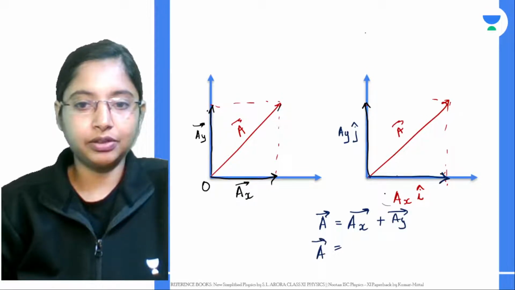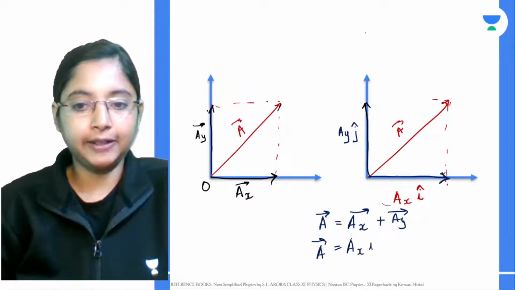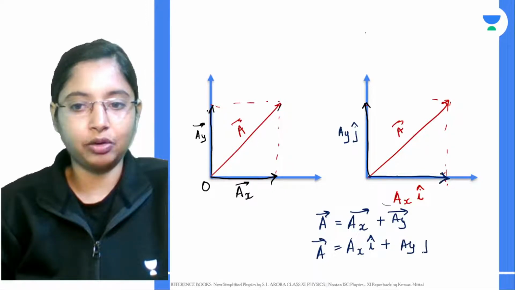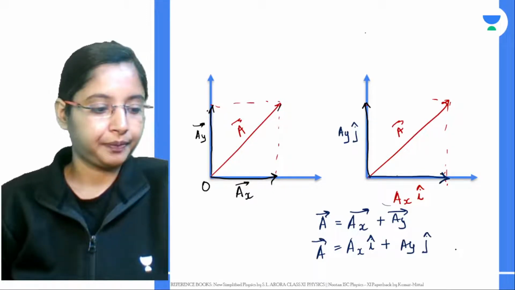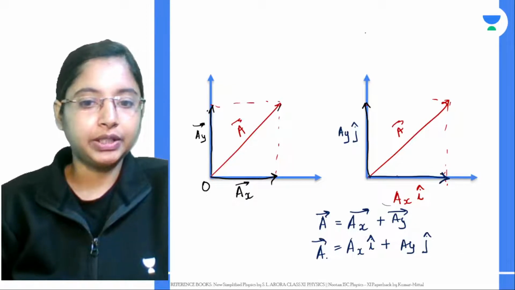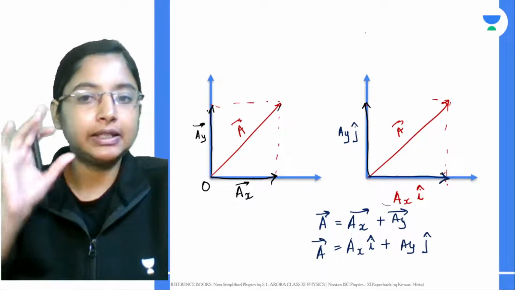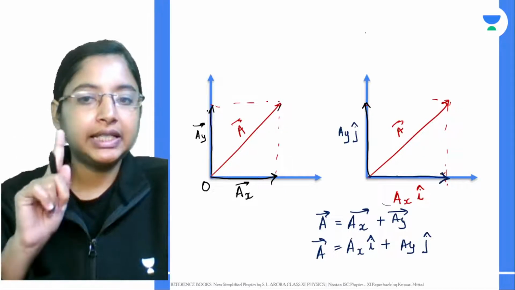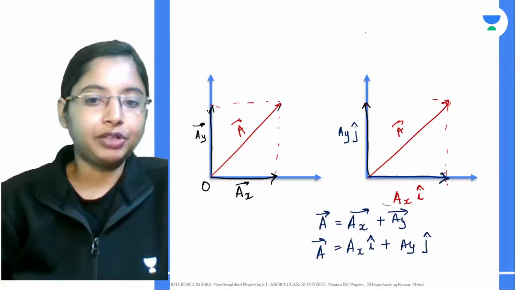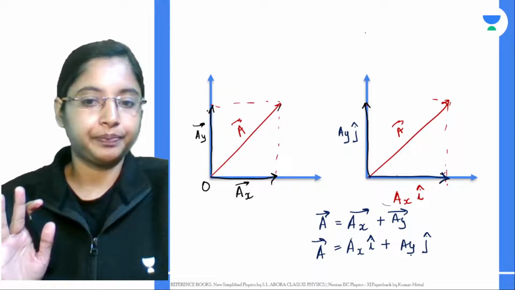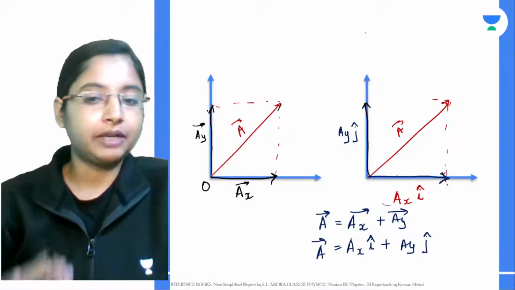Now the ax vector we have replaced with the unit vector, that is ax into i vector plus ay, the scalar component, into j vector. This gives you your resultant, but this time we have just used unit vectors. Unit vectors have the same direction as your original vector, but just a magnitude of 1, and with that we also get the scalar quantity. Now it becomes easier for calculation.